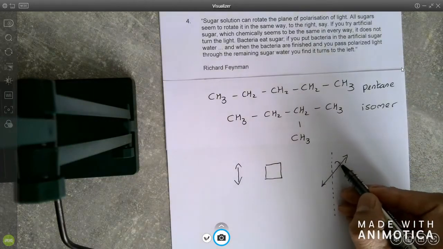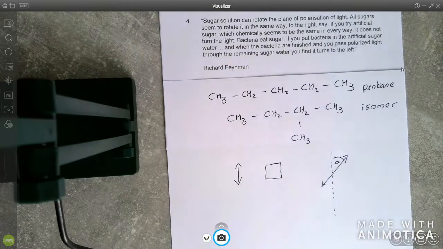We'll call that angle alpha. Now, artificial sugars have both types of molecules, so there's no net rotation.